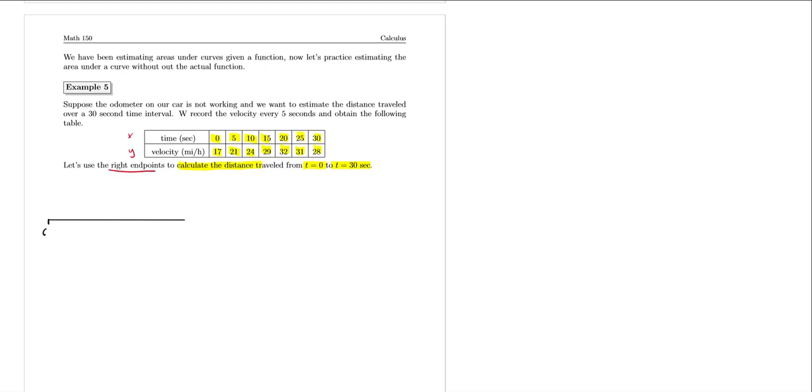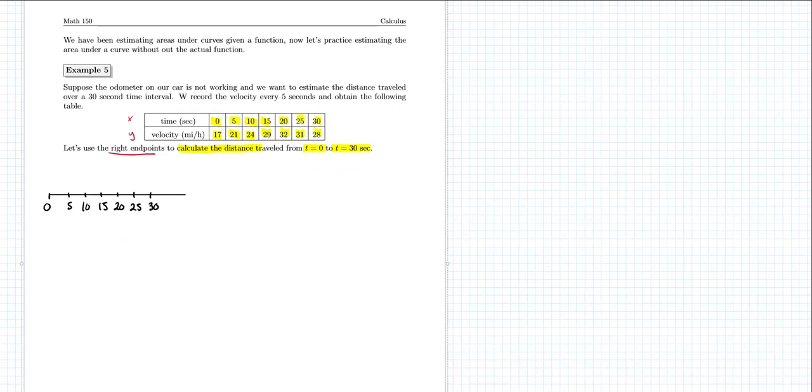So we started here at 0, then at 5, 10, 15, 20, 25, and 30. Now, it's not the best of sketches here. It's not exactly symmetrical, but that's okay. It's going to get the point across. Then 5, 10, 15, 20, 25, and 30.